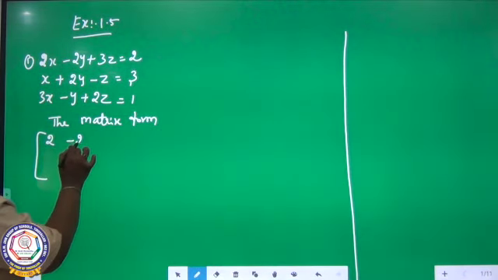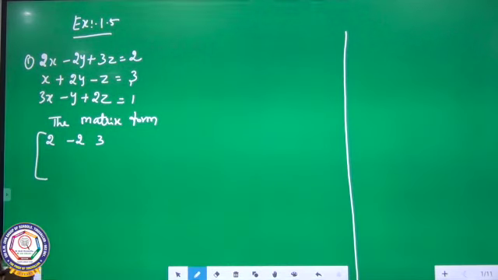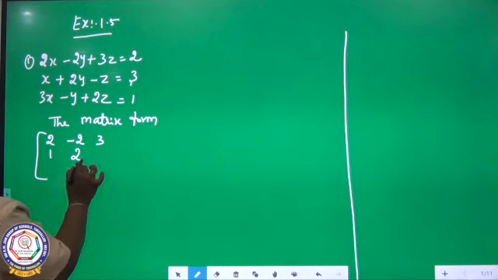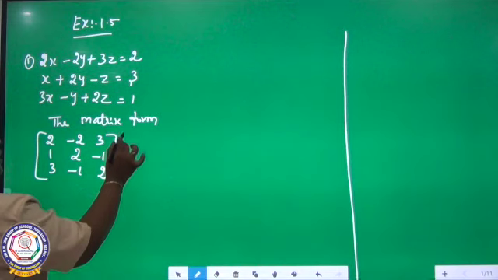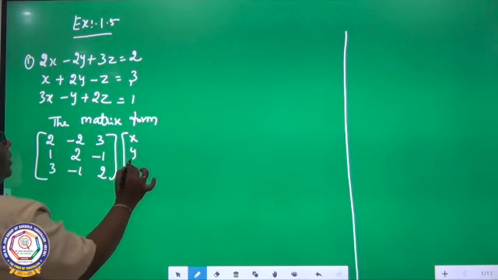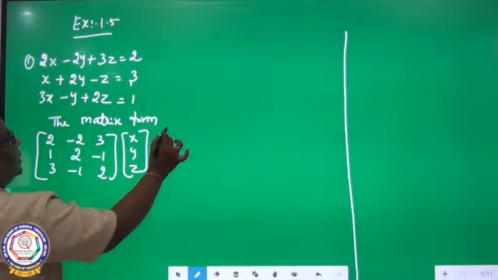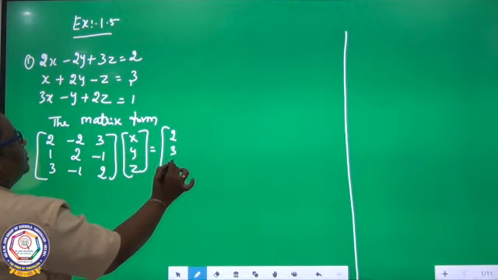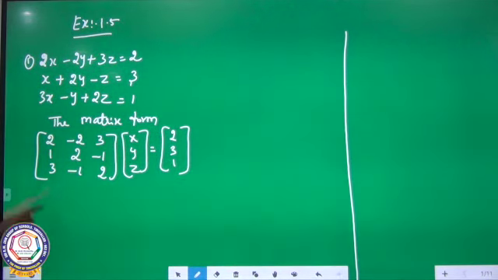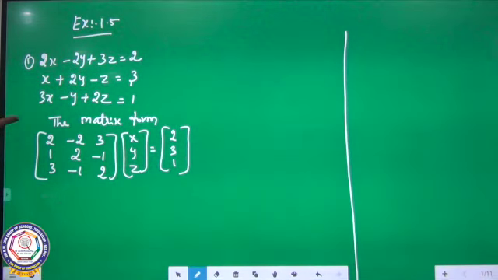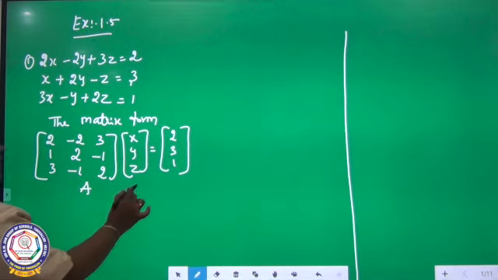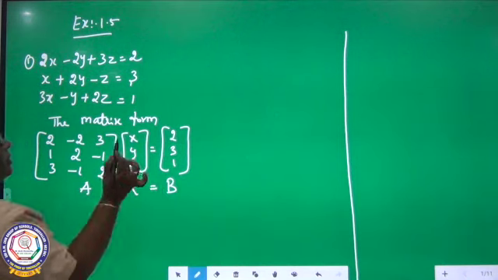Write down the coefficients of x, y and z: 2, minus 2, 3; 1, 2, minus 1; 3, minus 1, 2, into x, y, z equal to the constant terms 2, 3, 1. See, 2x minus 2y plus 3z equal to 2. So the given equations can be written in matrix form. This is AX equal to B.